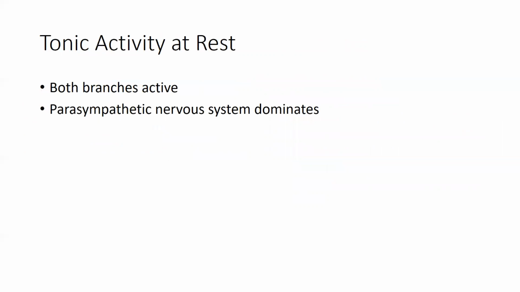Okay, now what's important to understand is that at rest, there is tonic activity. So tonic activity basically means both branches of the autonomic nervous system are equally contributing to all of those effector organs we talked about. Okay, let's look at the heart. At rest, both the sympathetic and the parasympathetic nervous system are influencing the heart. We talked about the example that if you removed either of those autonomic stimuli from the heart, you would basically set off homeostasis.